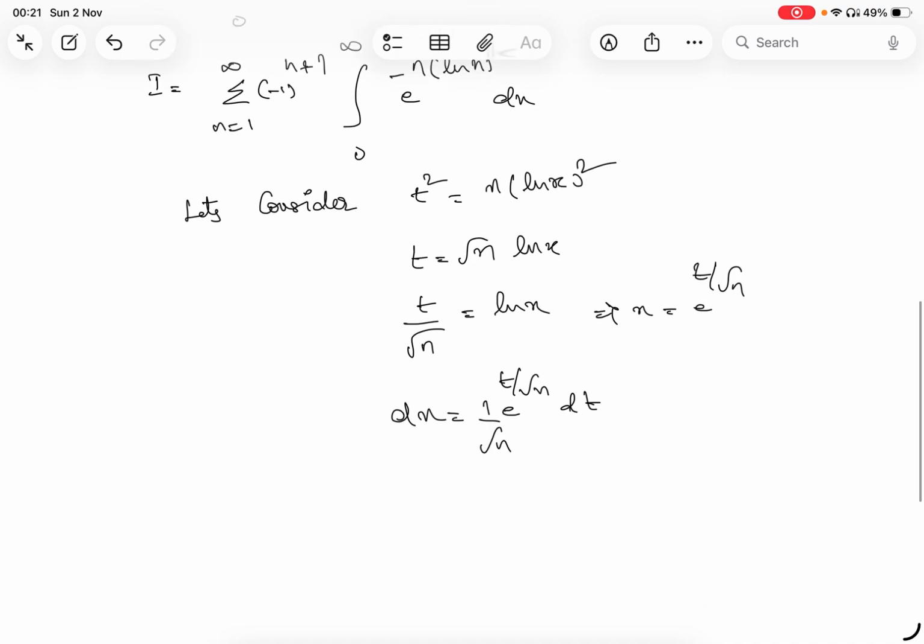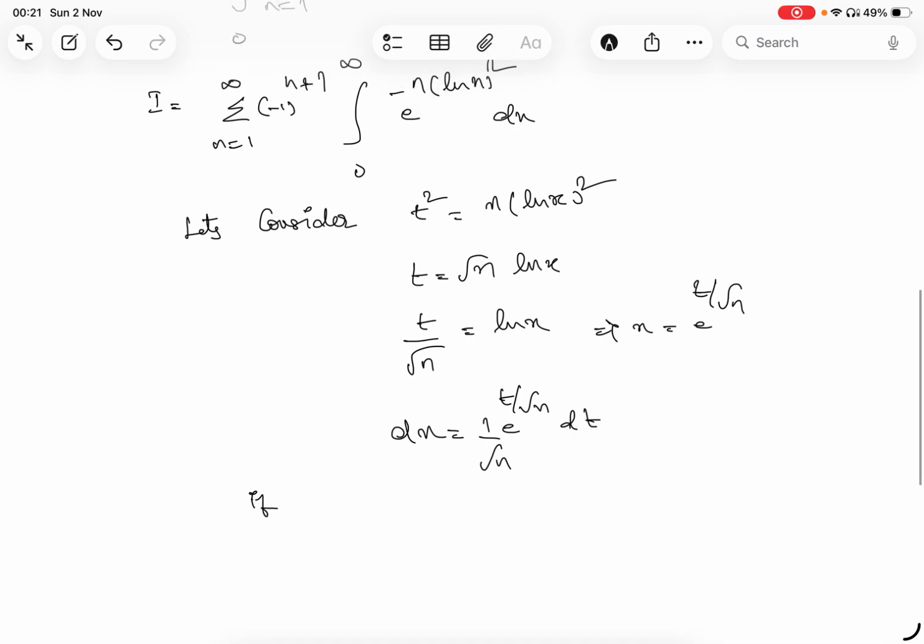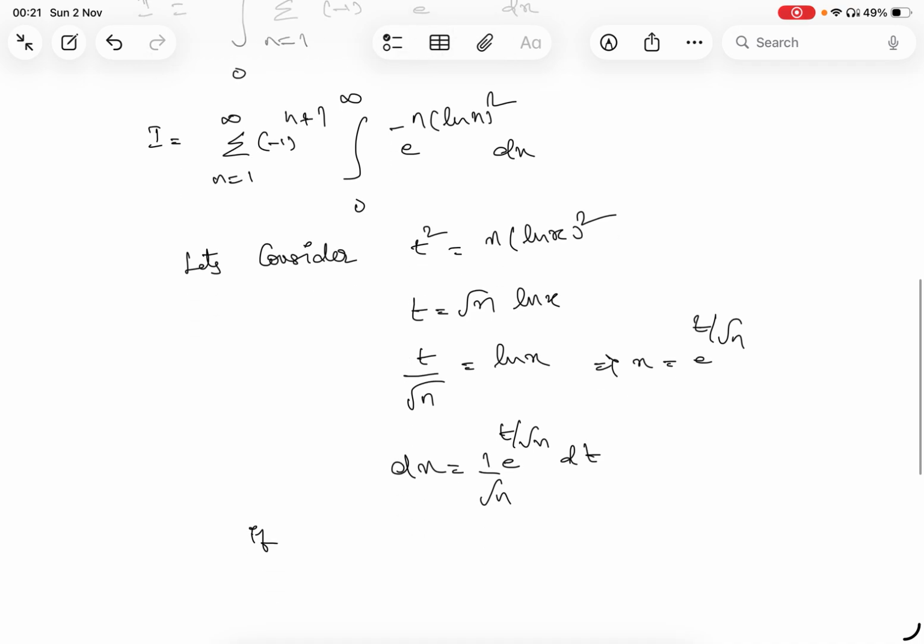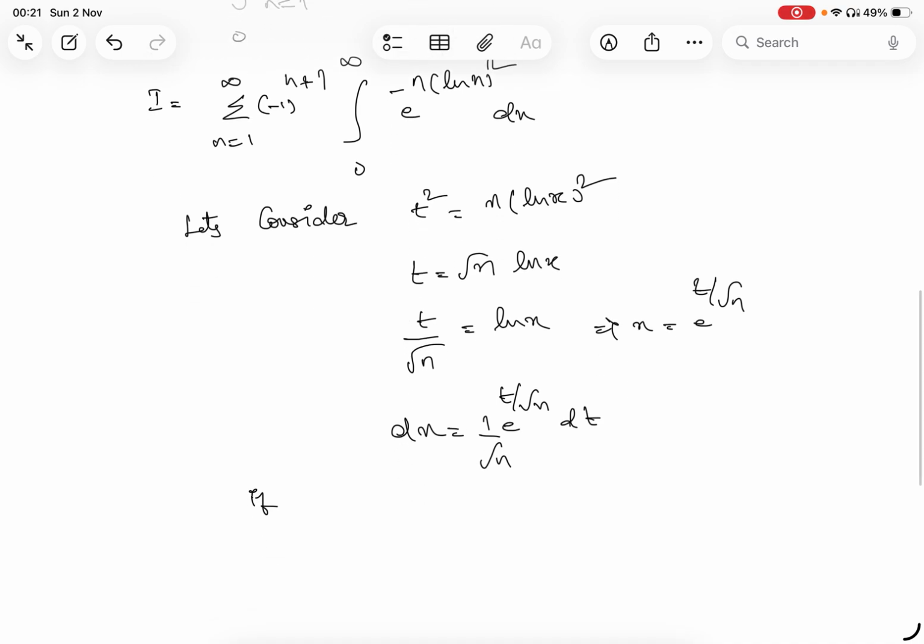Then we need to figure out the integration limits. If x equal to 0, then t must be minus infinity, right, which is e power minus infinity, then it will become 1 by infinity, which tends to 0. If x equal to infinity, then t must be infinity.